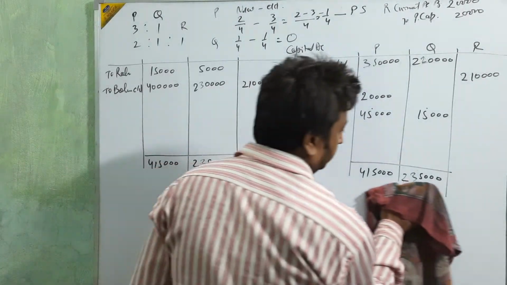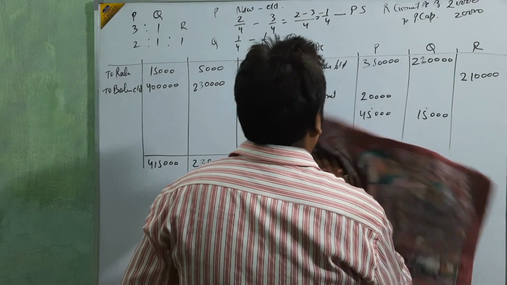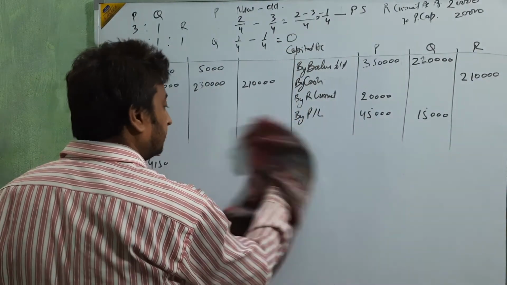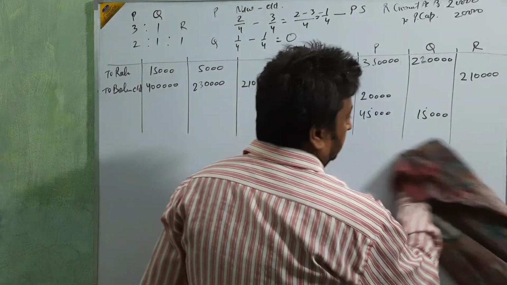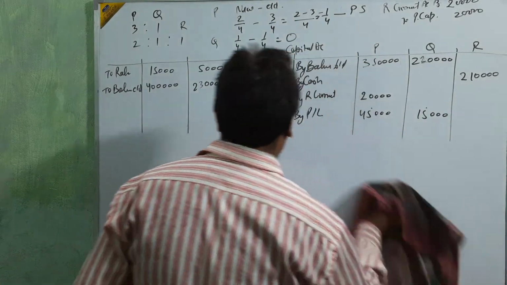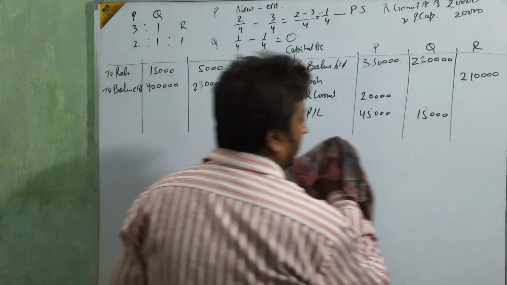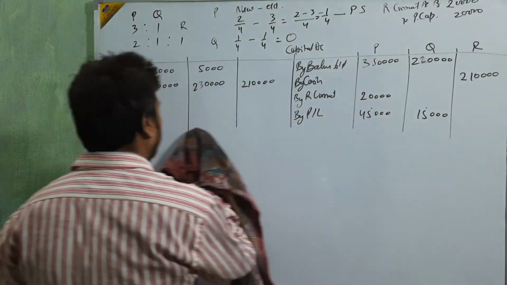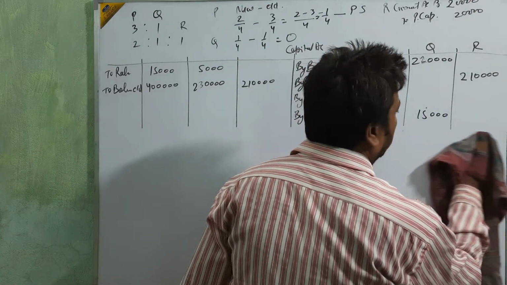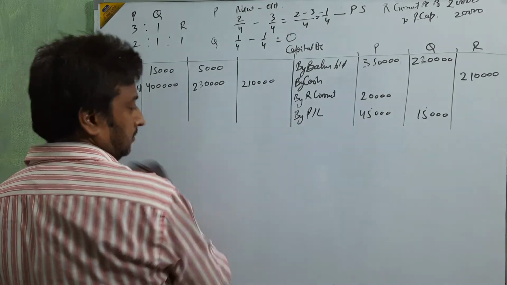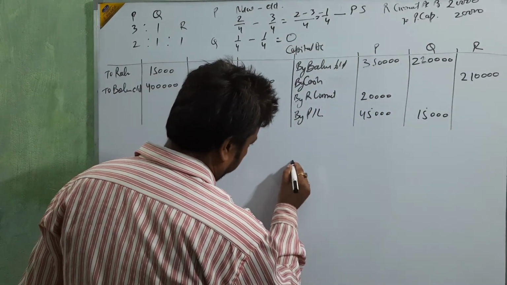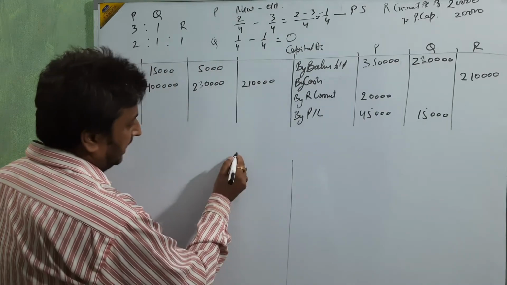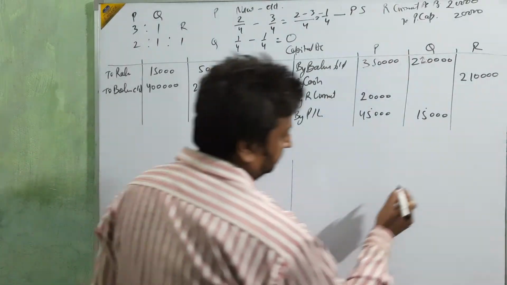Okay. Now I am going to roughly work out how much space I need and where the other capital remains. Then I am going to make the balance sheet.